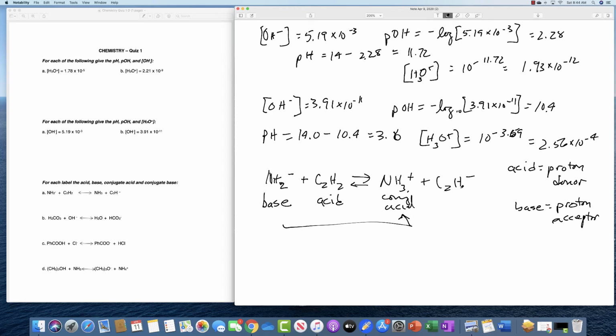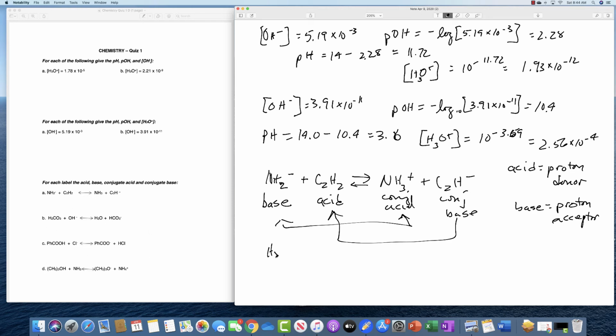And this gains a hydrogen, so this is the conjugate base. So as this one goes back this direction, it's gaining a hydrogen, so it has to be a base. And all the rest of these are the same way.